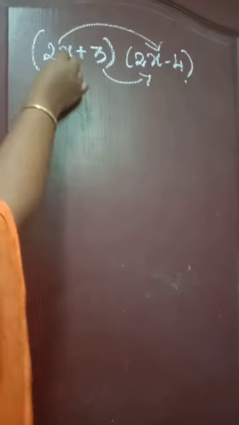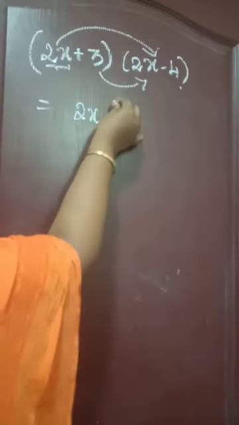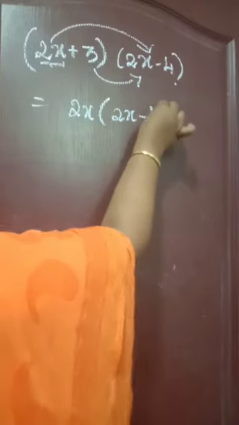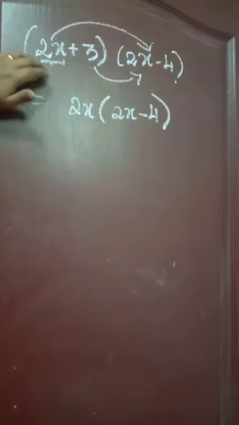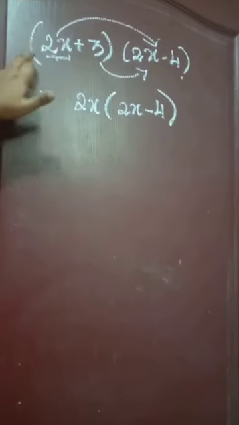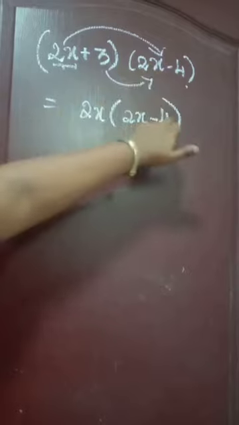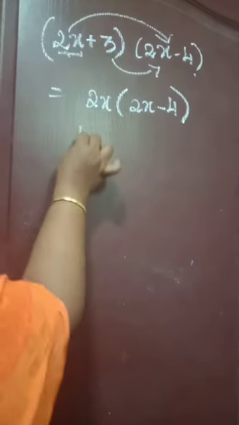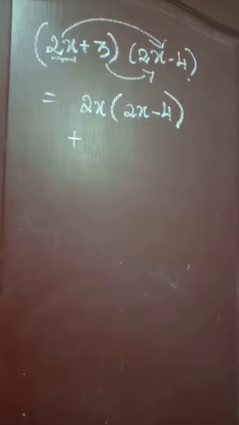So first one is 2x. What is the first term? Yes, 2x is the first term. So 2x multiplied by 2x minus 4. I split this binomial into 2 terms, 2x and 3. So 2x multiplied with 2x minus 4. Next plus is there, so here I put a plus. What is the next term? Yes, 3.